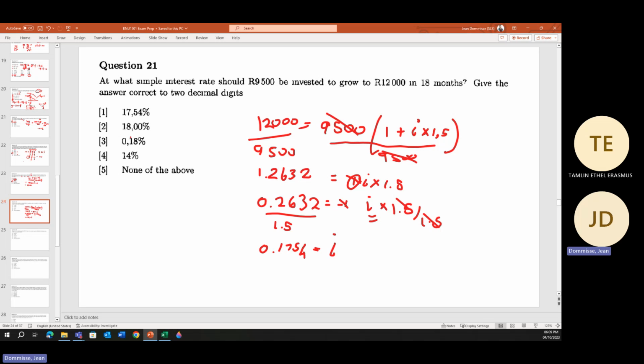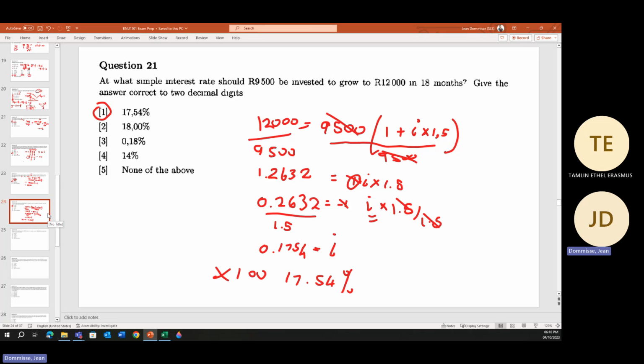Very easy to say when my option is 3, but I need to put it still in a percentage. So I need to multiply it by 100, which will then give me 17.54%, which is option 1.